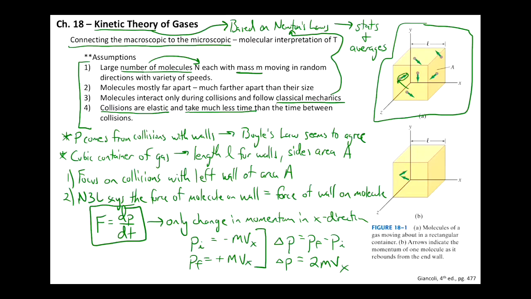We said at the beginning that using Newton's laws, stuff that we know how to deal with, we were going to take all of these molecules in the gas and somehow make a connection with this idea that they're all moving around in there randomly, and make a connection between that microscopic world up to something that's macroscopic, something that I can just look at the overall gas and measure. If we can make that connection and then experimentally verify it, then from a macroscopic level I've sort of proven that there are little molecules down there moving around, all right?